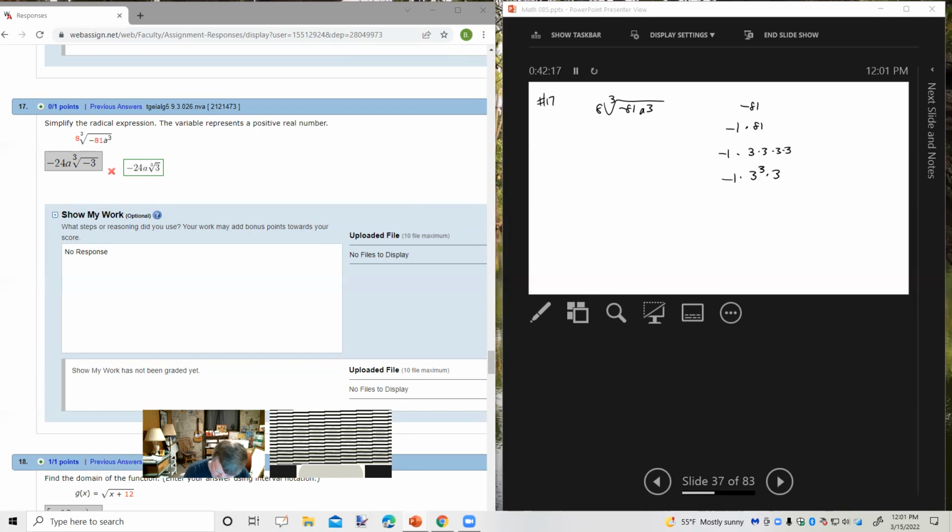And we've got this a cubed as well. So we've got 8 times the cube root of negative 1 times 3 cubed times 3 times a cubed.